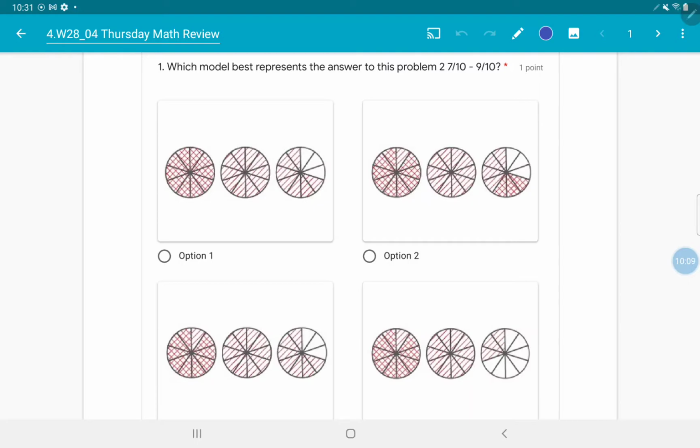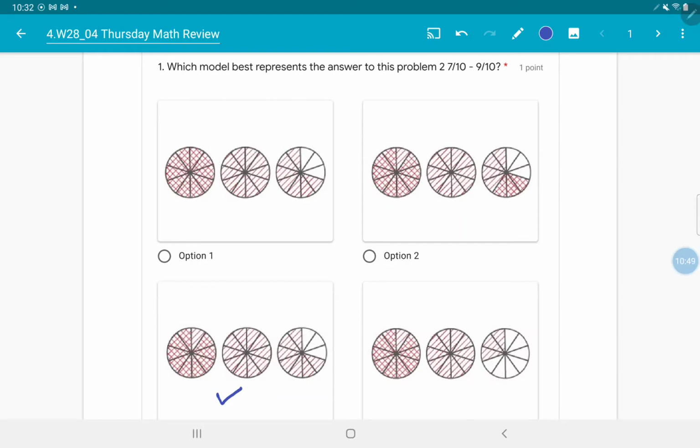Which one shows 2 wholes and 7/10 to begin with, and then takes away 9/10 from that? Olivia? It would be option 3. Option 3, very good. We started with 2 wholes and 7/10 shaded, and then they took away 9/10.